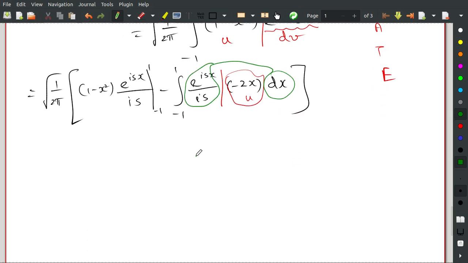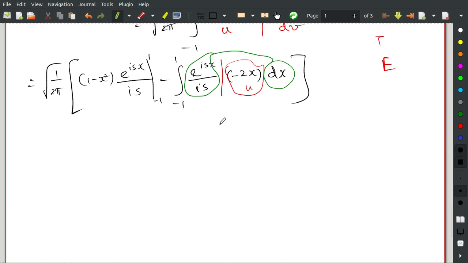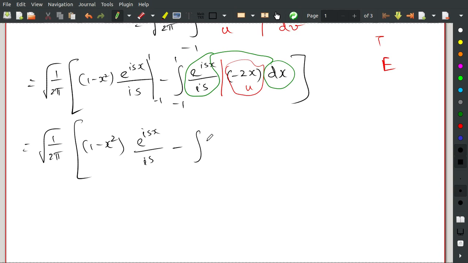Therefore we have 1 by root 2 pi, 1 minus x square e power isx divided by is, we can simplify this later, minus integral, and for this thing it's uv. Our u is minus 2x, with a minus outside.